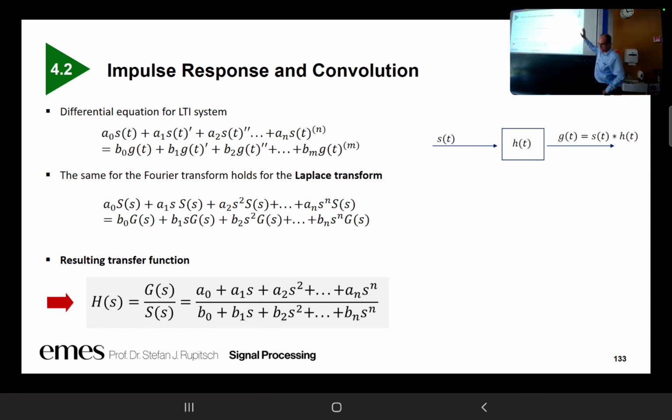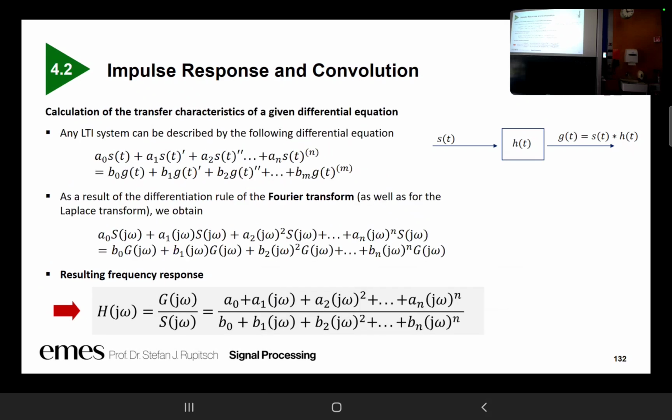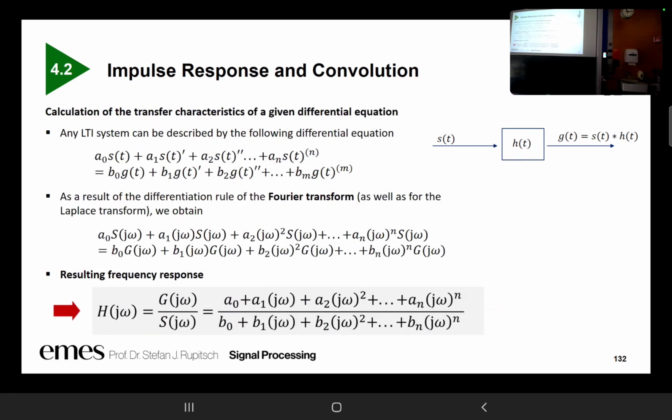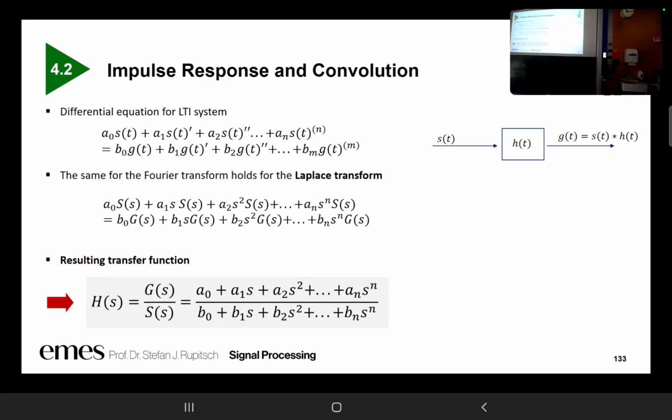But if we take a look at differential equations in the time domain, we can convert those differential equations in the time domain completely in the same manner into this Laplace domain as it was the case for the Fourier transform. Therefore, if you compare this equation with this one, they look completely the same, except the fact that here we have j omega, and in this case we have s.